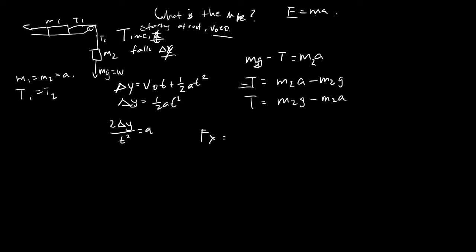You know that this is the force of friction. Now looking at the overall force, we know it's going to be T, going in the positive direction. That's why this is positive T minus the total force of friction equals M1 A. Once again, we use Newton's second law.